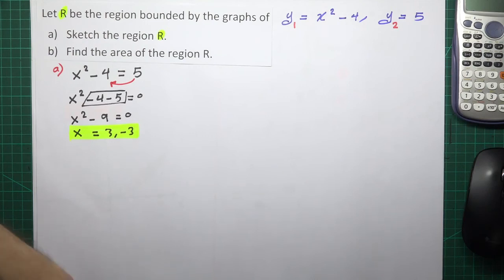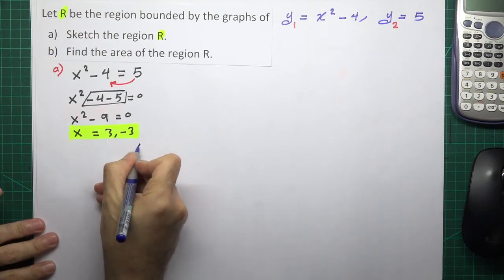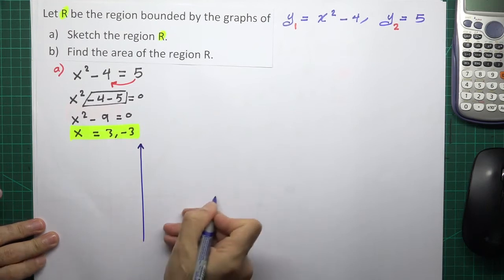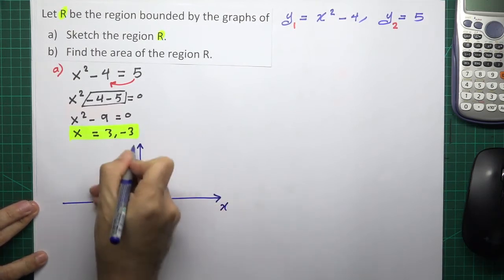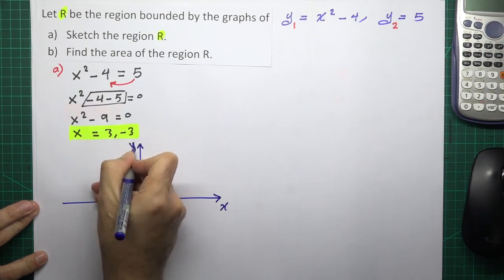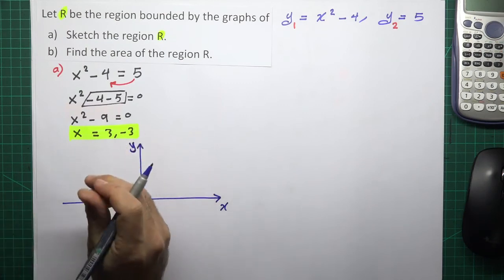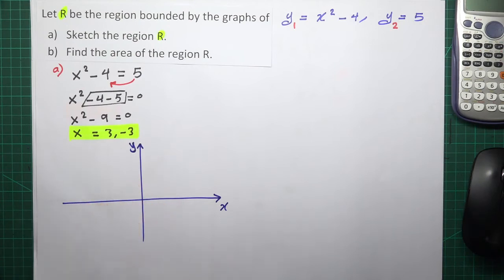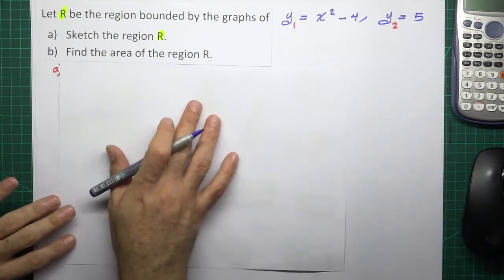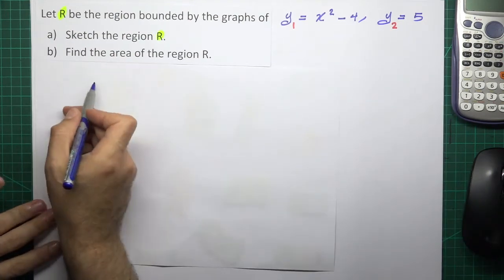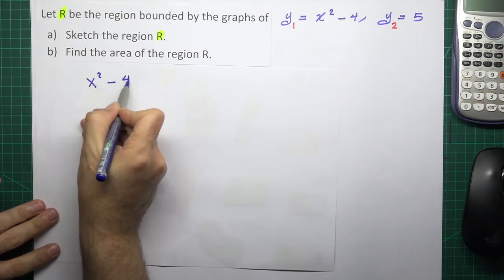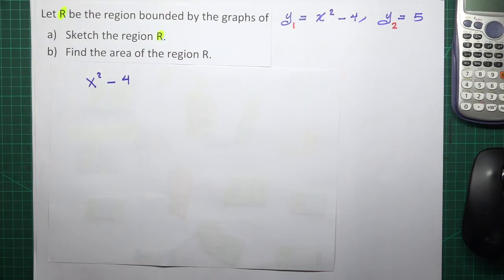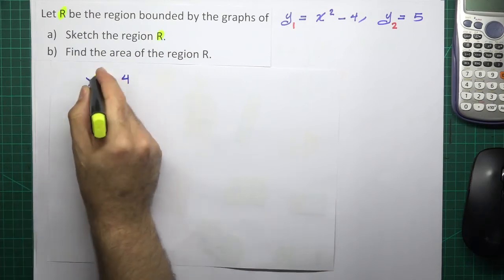Allow me to start by making the xy plane. As you see, this is x, this is y, and here students, I will start with y1, x squared minus 4. I will separate this function into 2 parts.